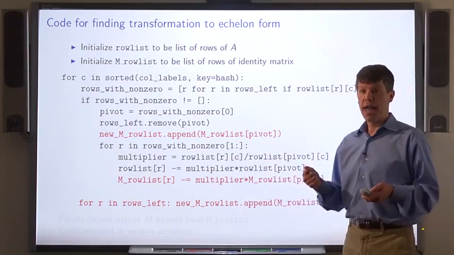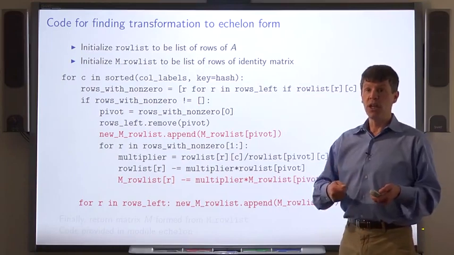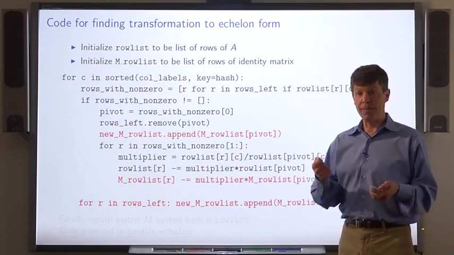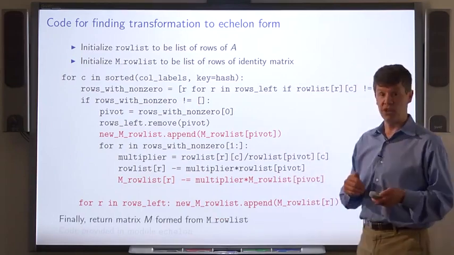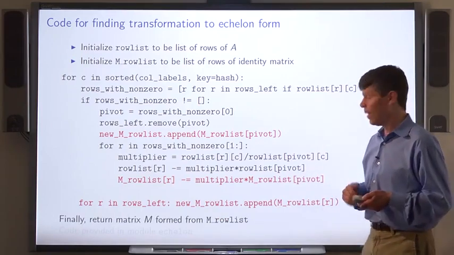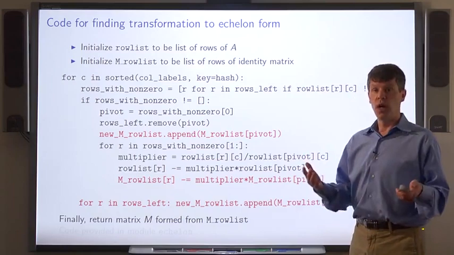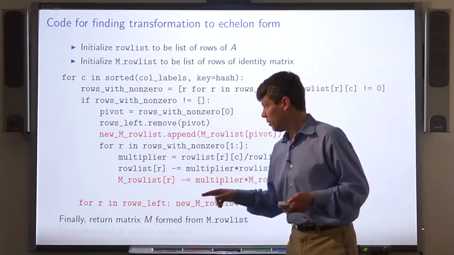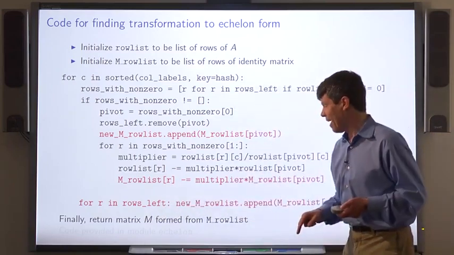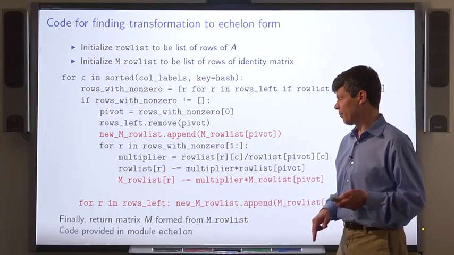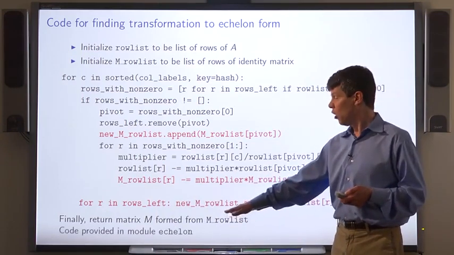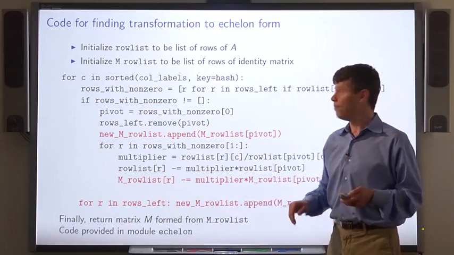That will ensure that new M row list times the original matrix will give us the whole matrix in echelon form, including the 0 vectors. And finally, at the end, the procedure will form a matrix M from row list and return that. We provided that code in the module echelon.